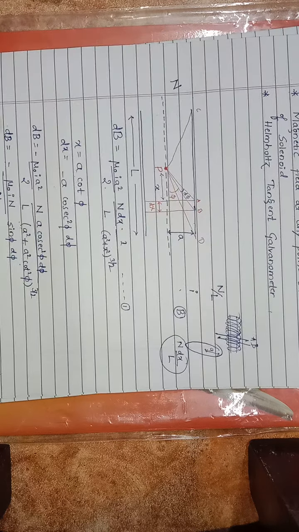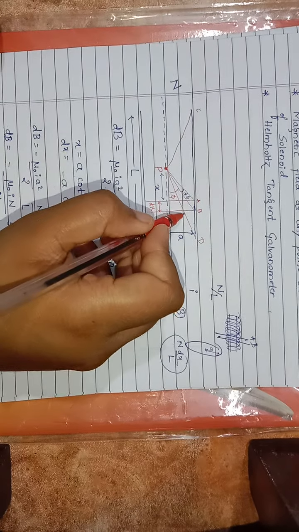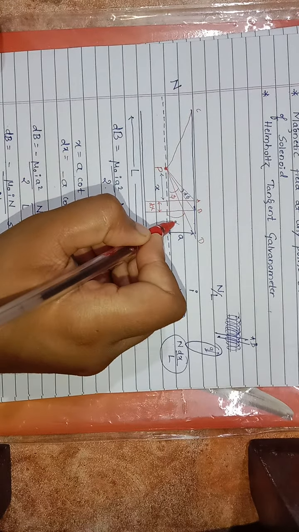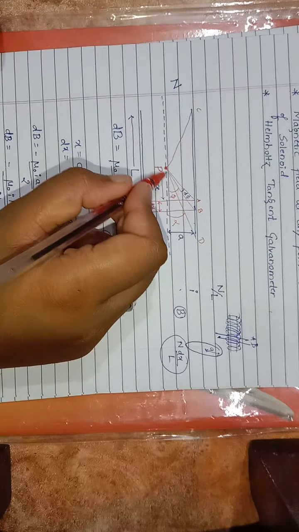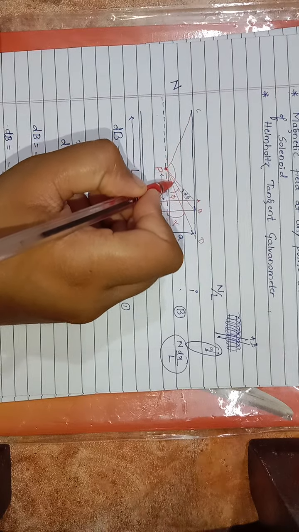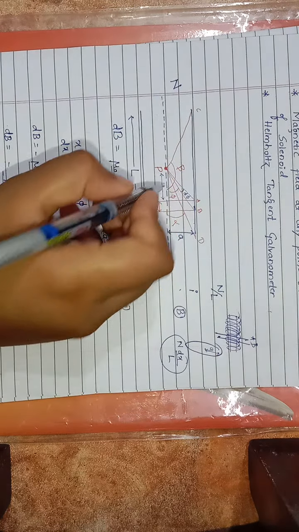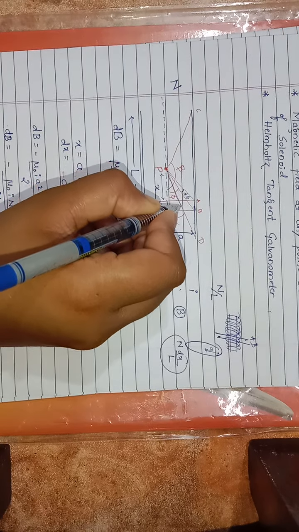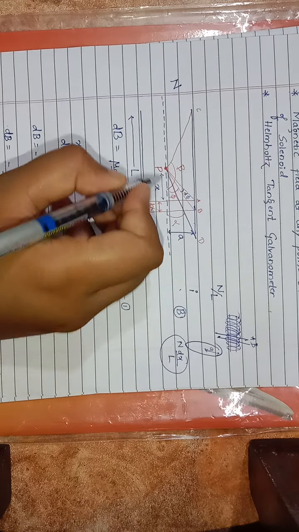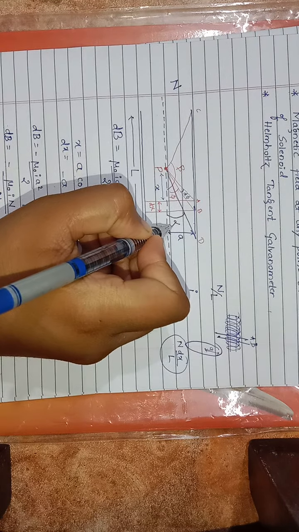I'll denote one angle α from this end line to here, and again from this end line to here, this is β. This line joins P to the end point, so its angle is α.